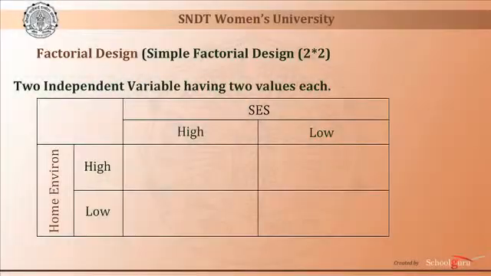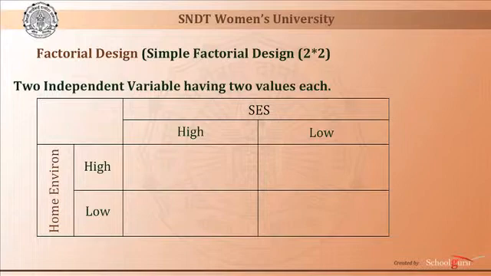This is called factorial design. Independent variable, not S. That means there is only one independent variable, right? But suppose you have two independent variables. Your socioeconomic status and your school environment affect your achievement.